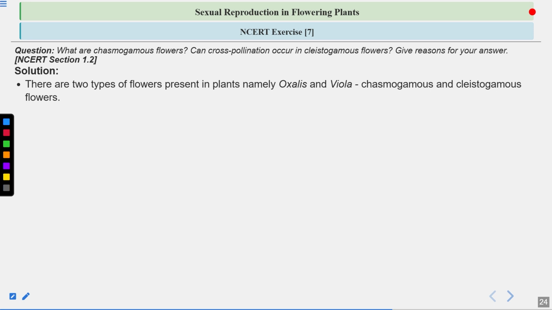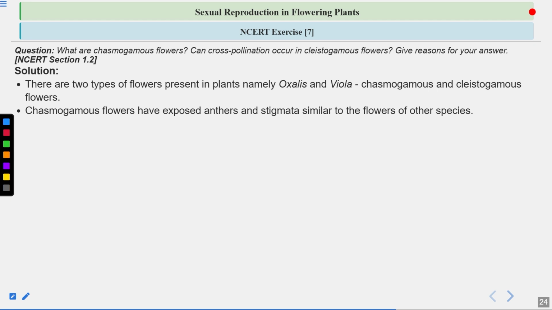Anyway, the question was about the chasmogamous flower. What is a chasmogamous flower? Chasmogamous flowers have exposed anthers and stigma, similar to the flowers of other species. The flower that blooms, that opens, exposes its anther and stigma. If the flower is closed, then its stigma and anther will not be exposed, right?